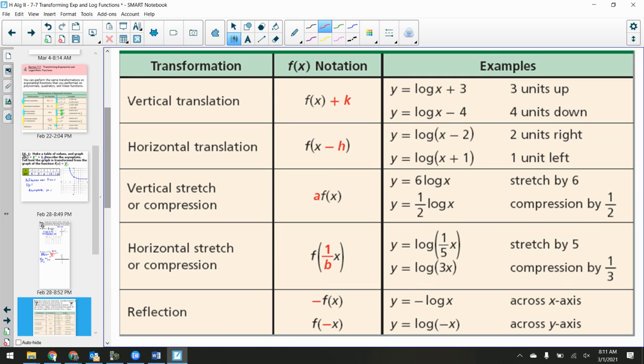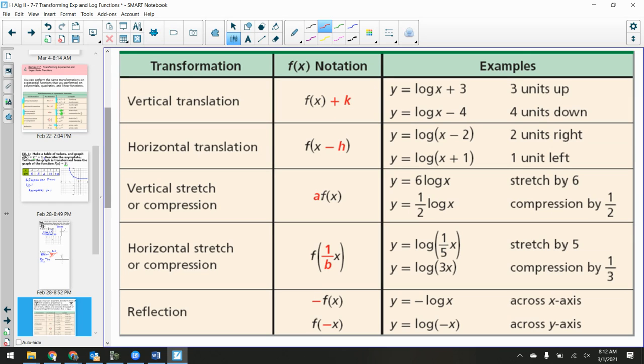Now, here's the difference. We said that anything vertical was happening down below to the base, right? So what I'm saying now is anything vertical is going to be happening to the logarithm, because the logarithm really is like the operation, right?